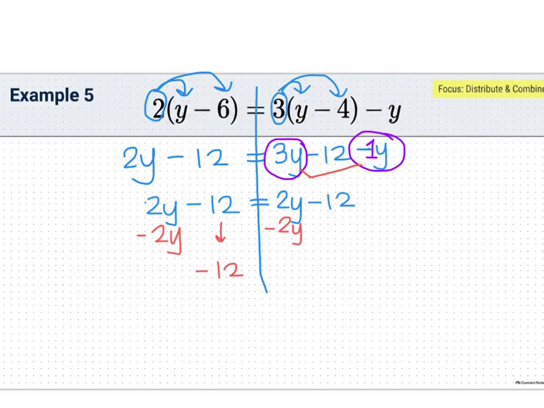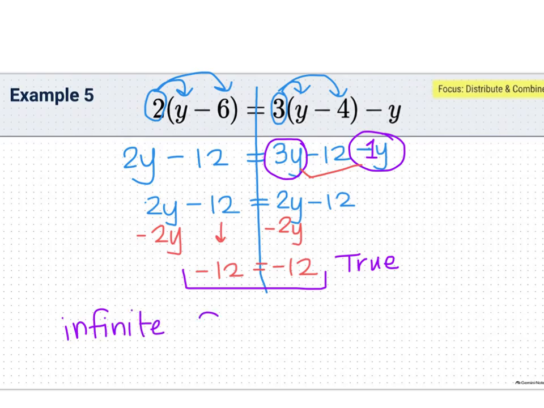And then on my right, my 2y's cancel out, leaving me with just a -12. So remember from our notes from the previous slide, this is a true statement. -12 does equal -12. So that means that there are infinite solutions to this equation.